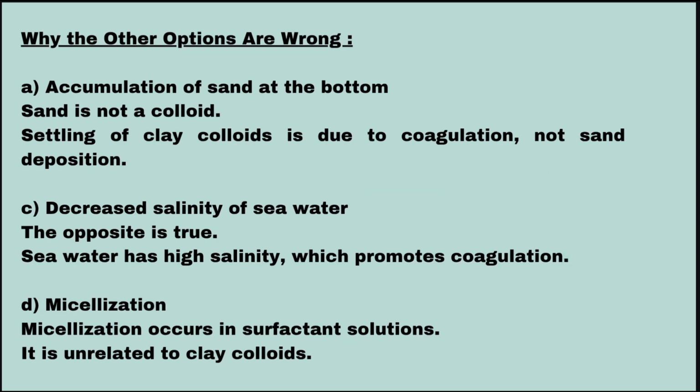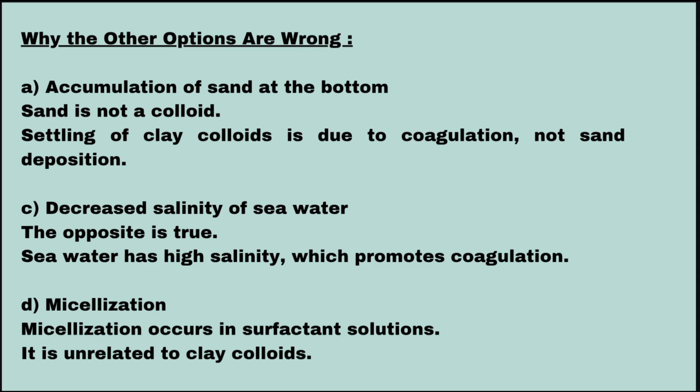Now, we'll see why the other options are wrong. In option A, they have given accumulation of sand at the bottom, but here sand is not a colloid. Settling of clay colloid is due to coagulation, not sand deposition. And another one is option C, decreased salinity of seawater.